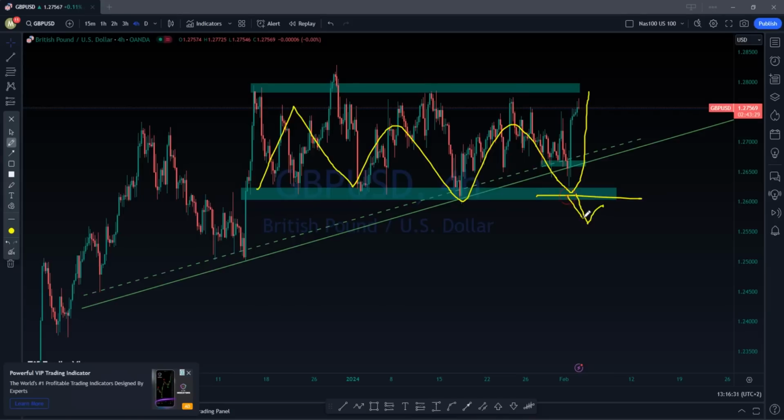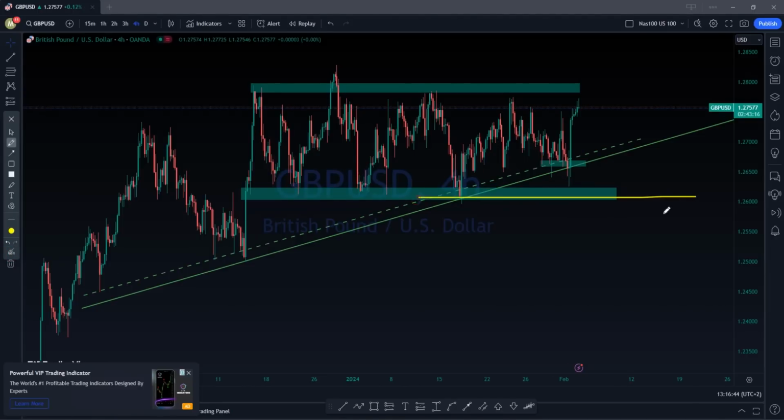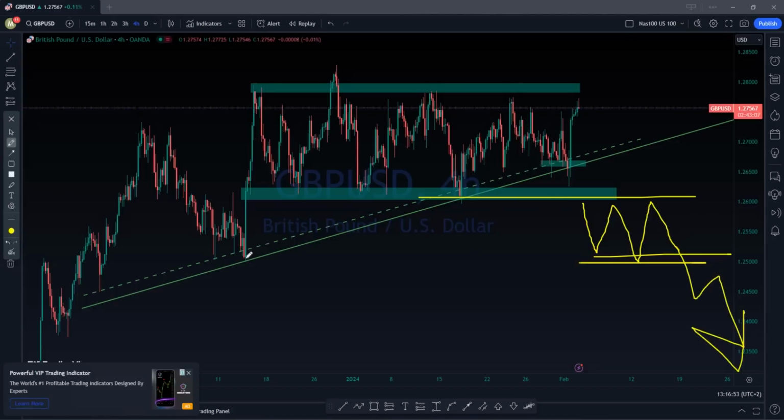If it breaks out, that was going to be a clean breakout, because we've broken our horizontal support and our diagonal structure. So now if it breaks here, our job was to wait and see: is the market creating a ranging structure? If yes, let's wait for it to break that support, then we continue with that downtrend.